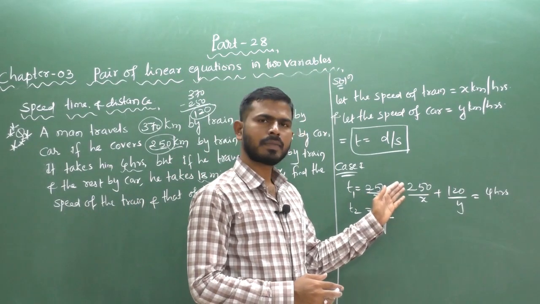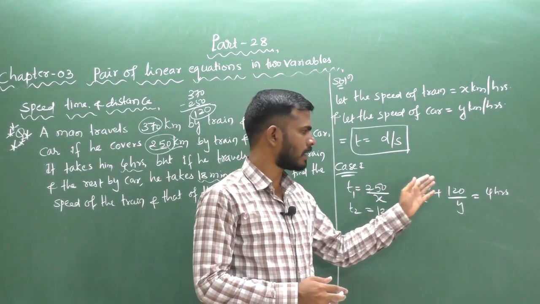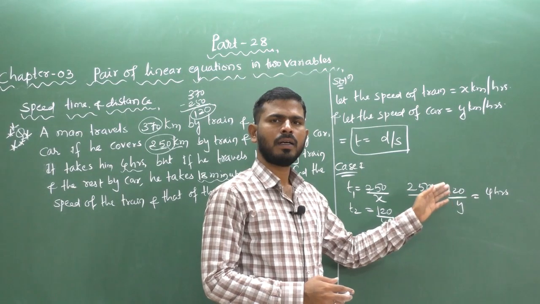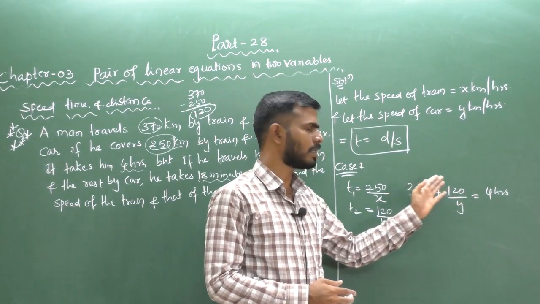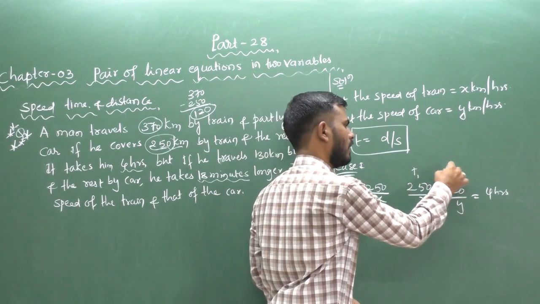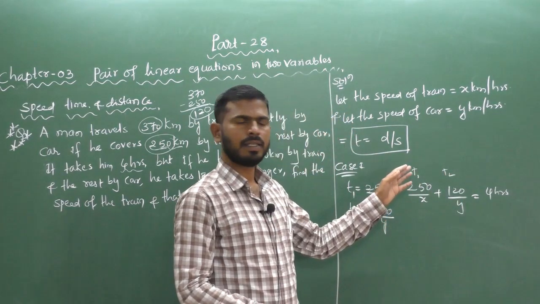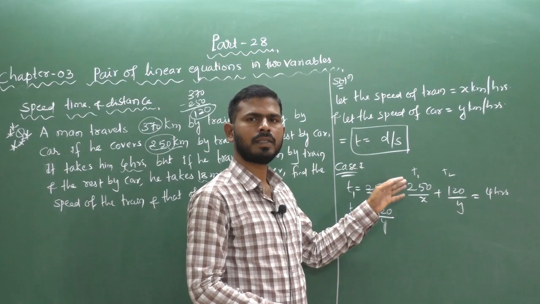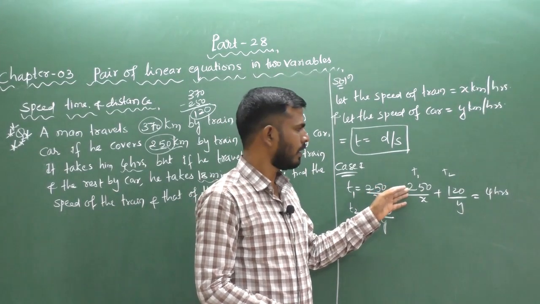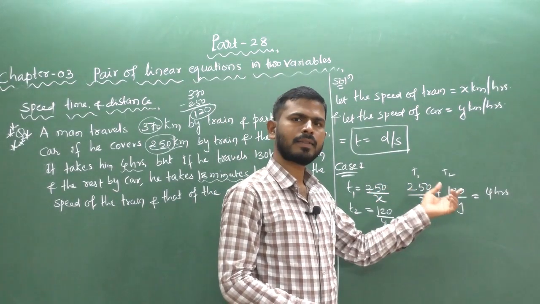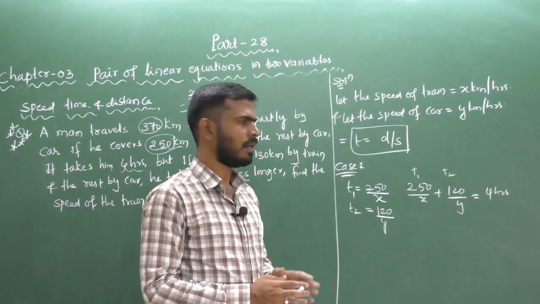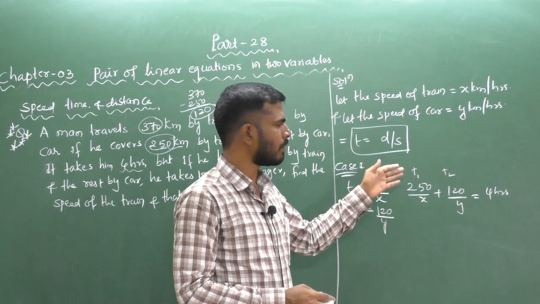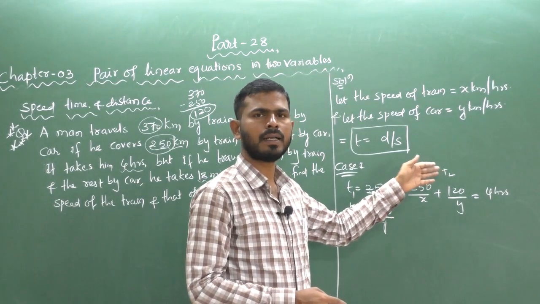So distance by speed of the train, plus distance by speed of the car. Together we have to add, this is also time, this is also time. This is T1, this is T2. T1 is distance by speed, this formula, that is the time of the train, and 120 by y is also the time of the car.